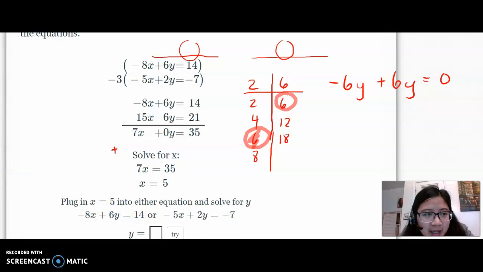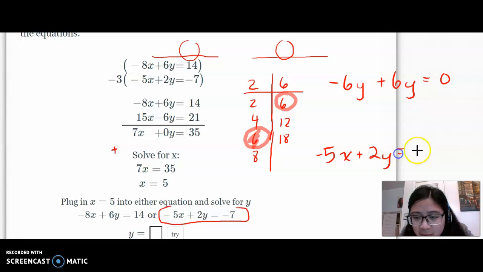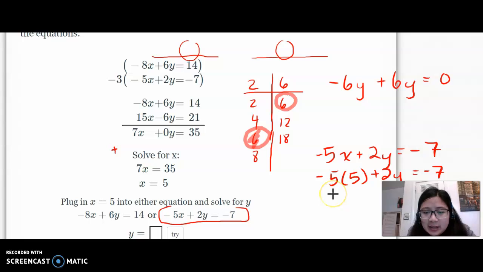Now I got to go ahead and find out what y is. So I'm going to take my x value, and let's say we'll plug it into this one, that original equation. So we have negative 5x plus 2y is equal to negative 7. Instead of writing an x, I'm just going to put a 5. And then we're going to solve this.